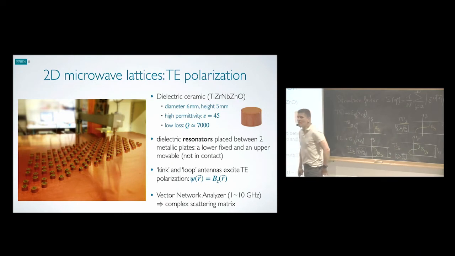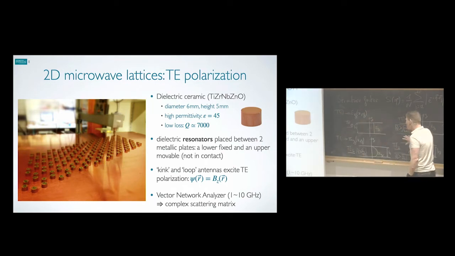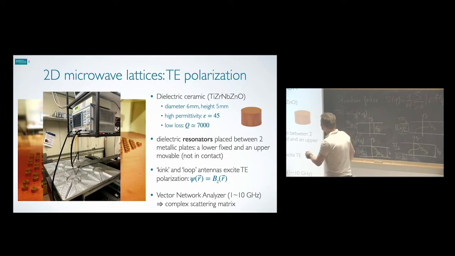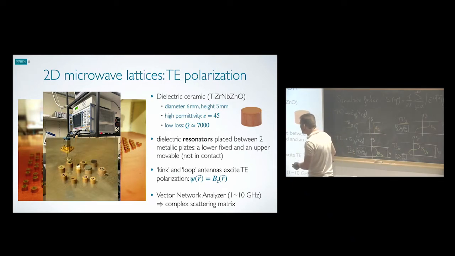But we can switch. In our experiments, we can easily change the polarization and work with the TE polarization. So in this case, the TE polarization, it's the same dielectric material, almost the same setup, but the main difference is the excitation.